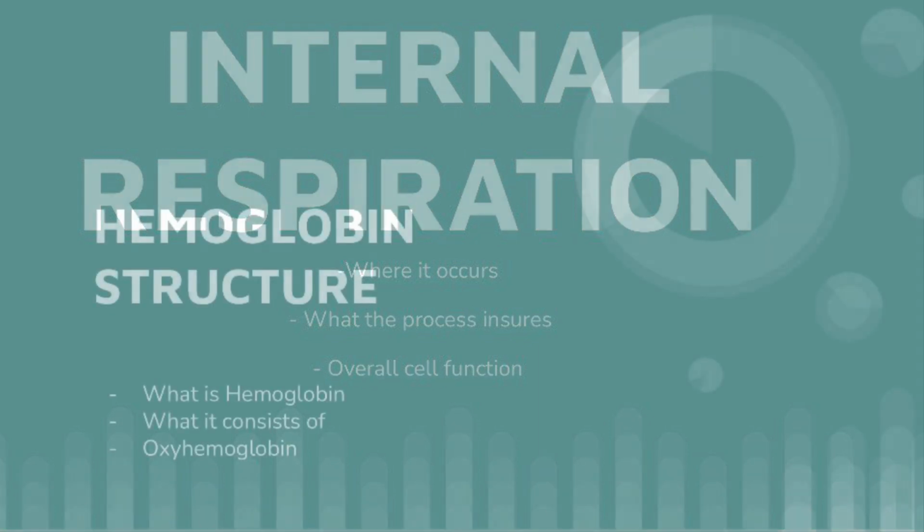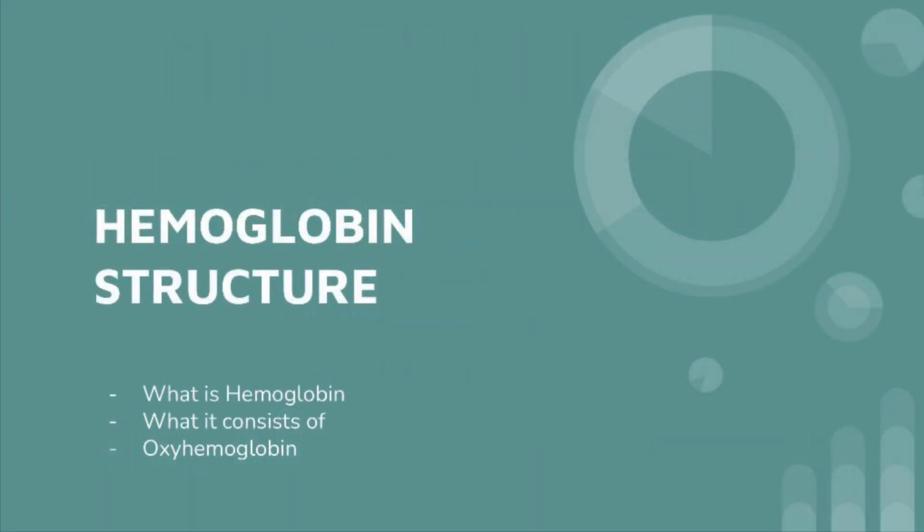Hemoglobin structure, including what is hemoglobin, what it consists of, and oxyhemoglobin. Hemoglobin is a protein in red blood cells that carries the oxygen during the process of breathing.